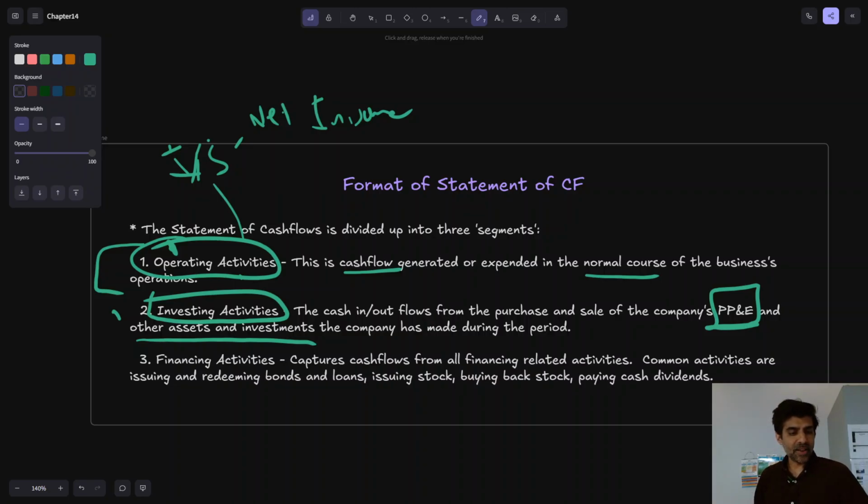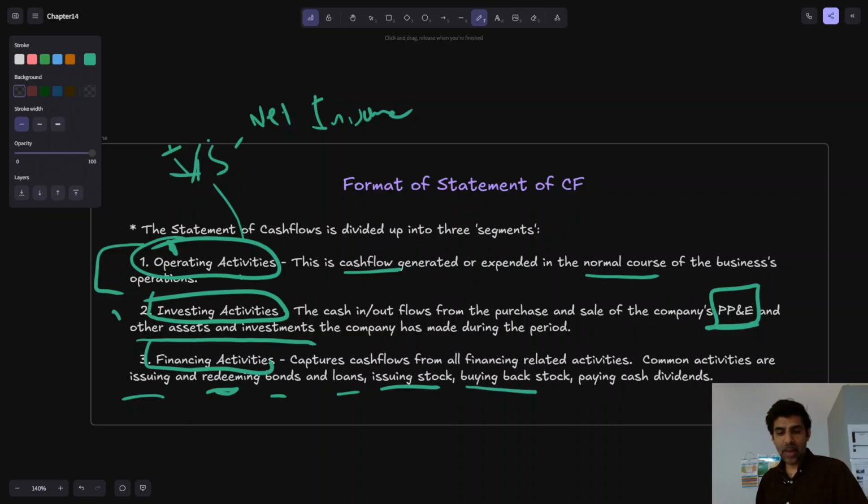Okay. And then financing activities again, redeeming and issuing of bonds and loans. So your business is basically borrowing money by issuing bonds or taking loans. They're also paying off bonds, paying off loans. So that cash flow in and out is going to be captured there.